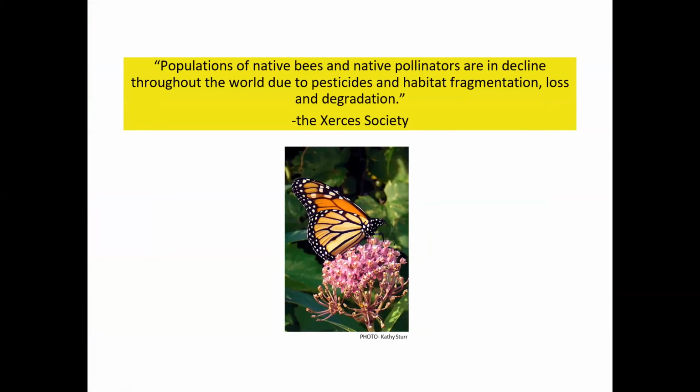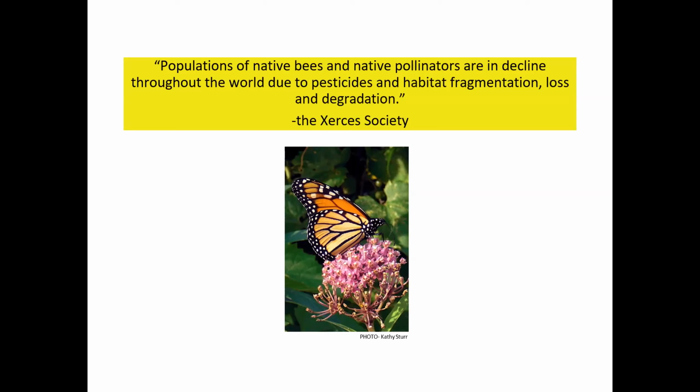Okay. So this is from the Xerces Society. They are an organization that works with pollinators, our native bees, and some of the pollinators that aren't quite as flashy as we would want or expect.